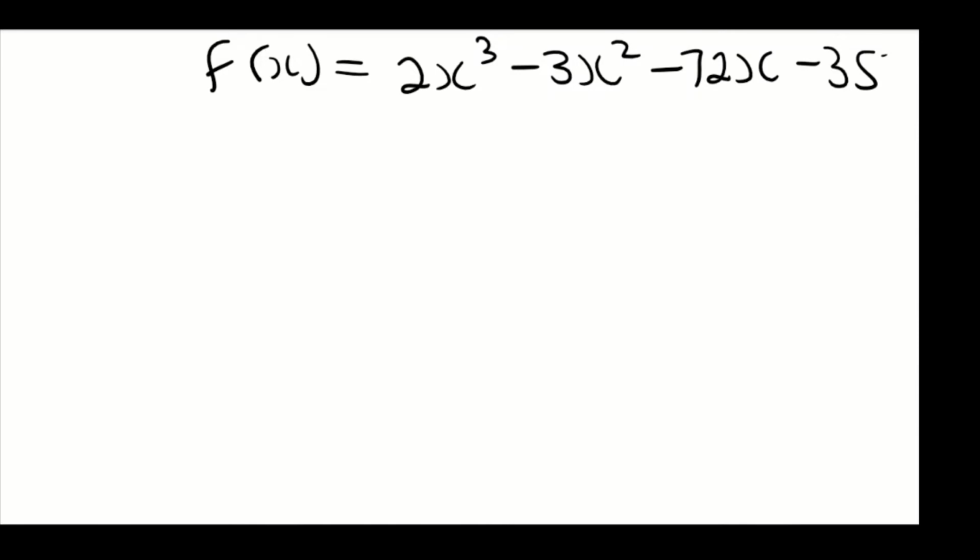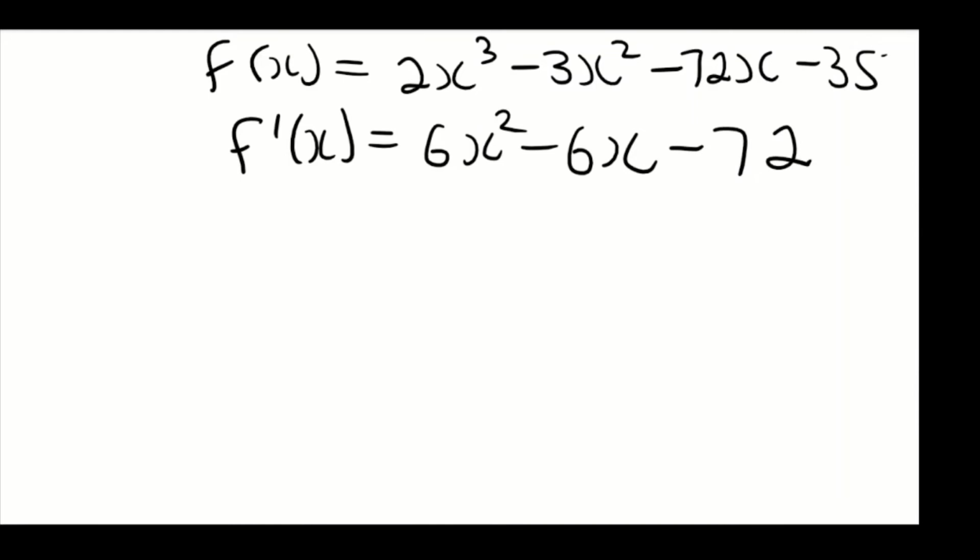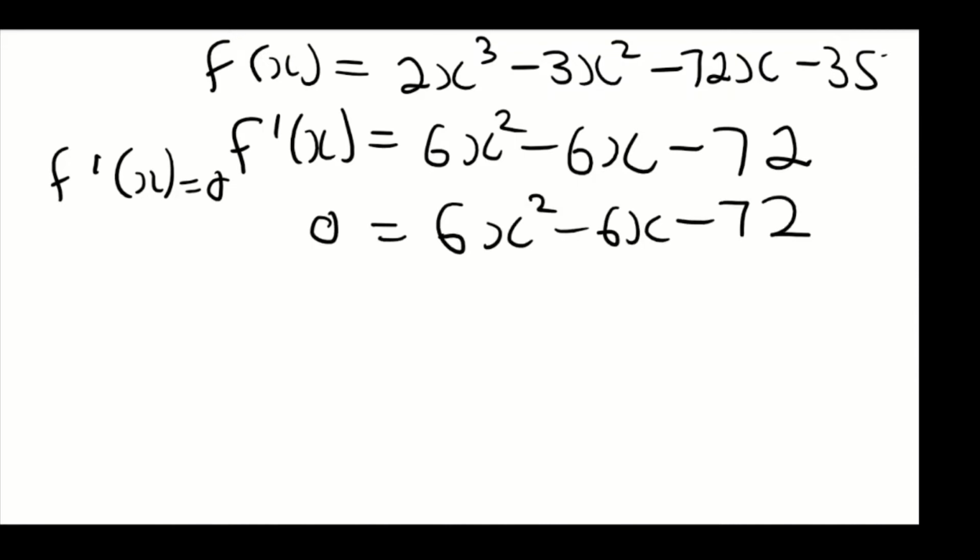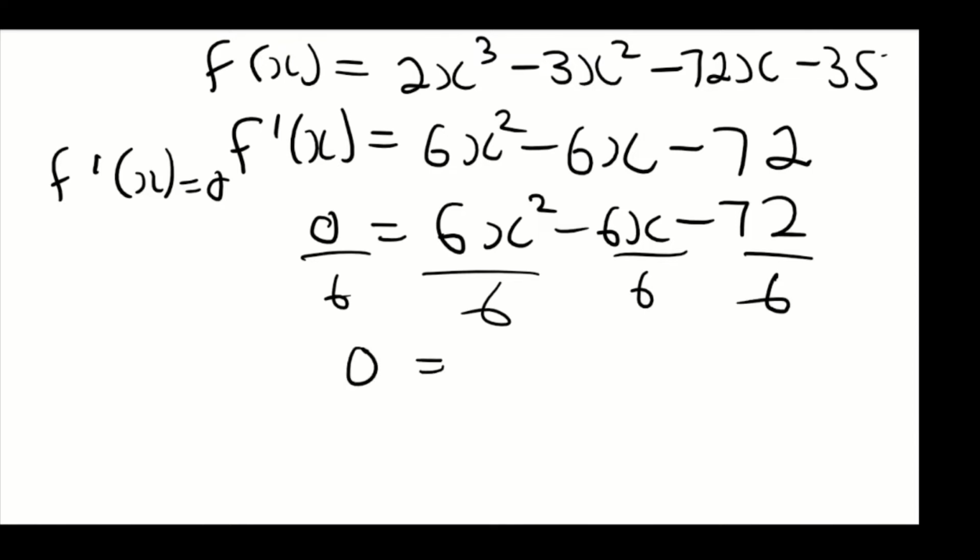Because we want to find the coordinates of D and E, we need to derive this expression because those coordinates are turning points. So it's going to be 6x squared minus 6x minus 72, right? And then we equate the derivative to 0. So it's going to be 0 equals 6x squared minus 6x minus 72. And we divide by 6 both sides, and we'll have 0 equals x squared minus x minus 12.